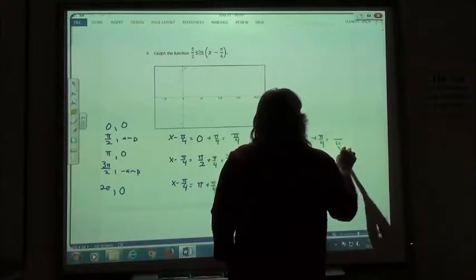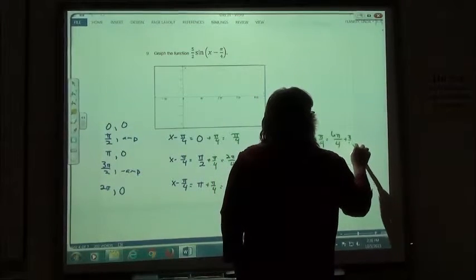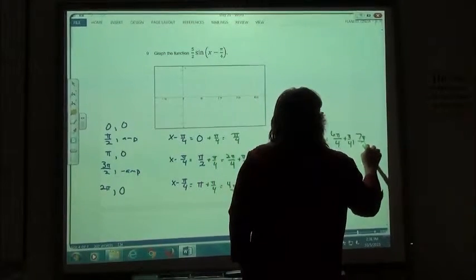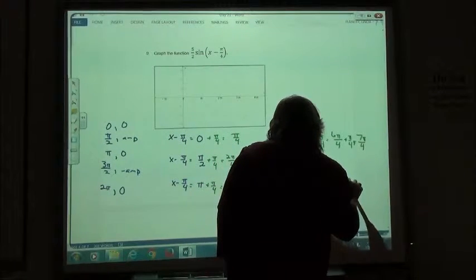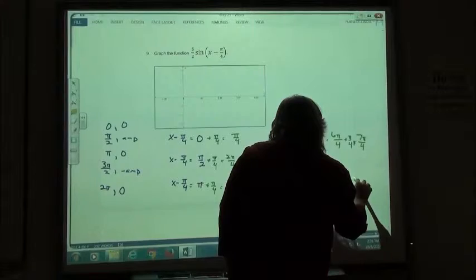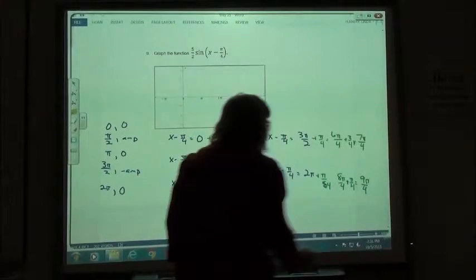Here, 6 pi over 4 plus pi over 4 is 7 pi over 4. And 8 pi over 4 plus pi over 4 is 9 pi over 4.